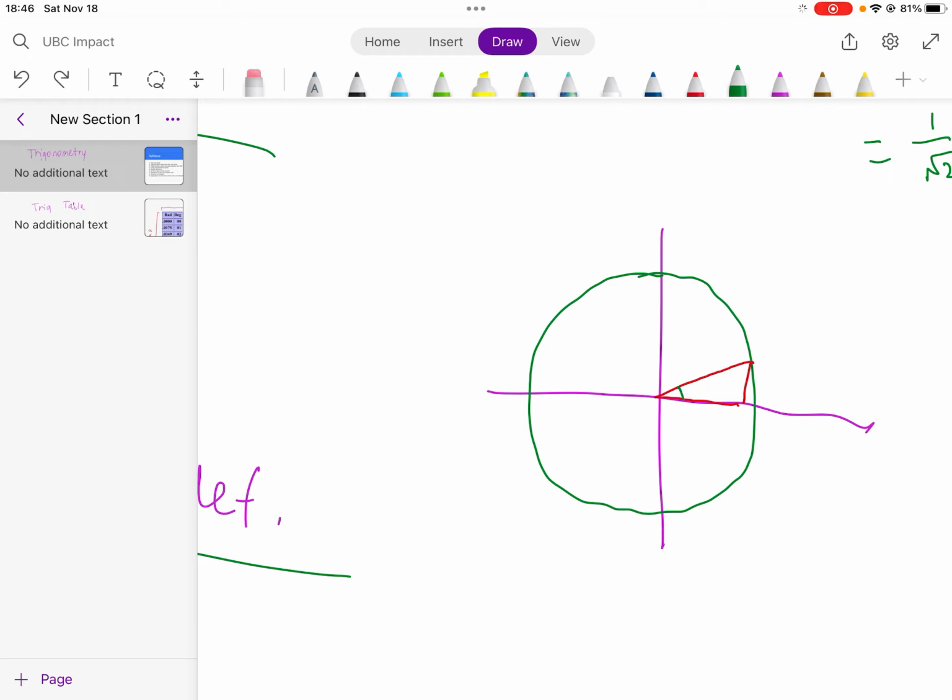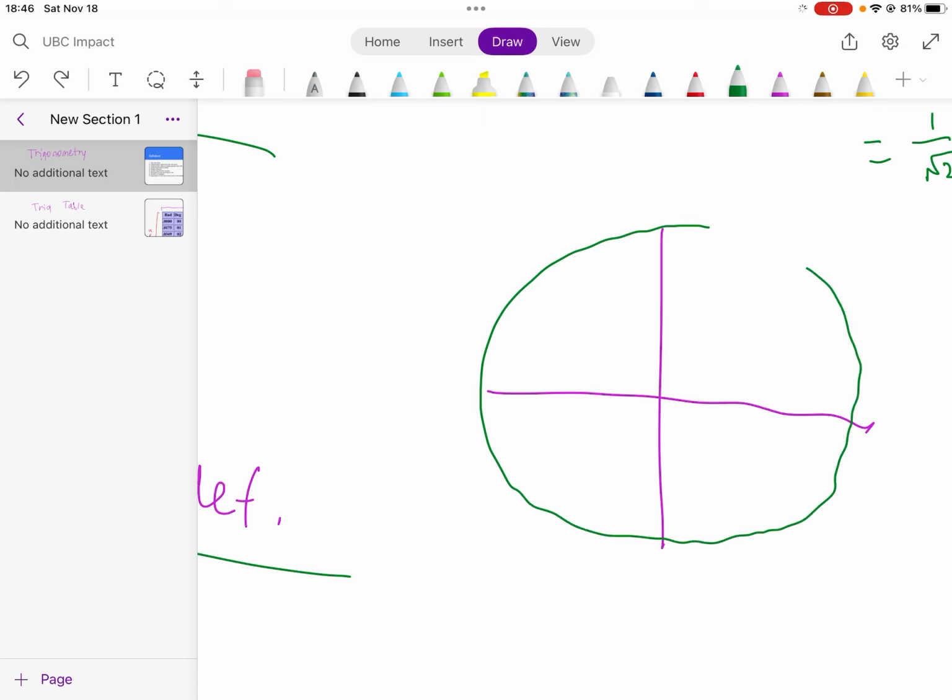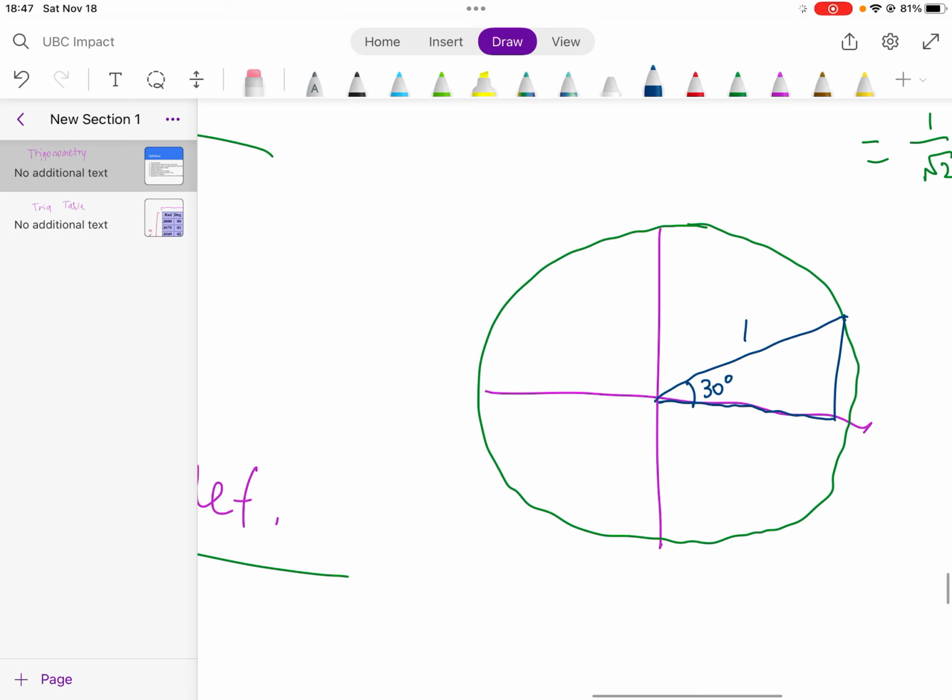Actually, I'm gonna draw it bigger because it's too hard to visualize on here. Draw a huge unit circle. Here's 30 degrees. All right? So here's our triangle. We want to find these lengths again. Well, this one's 1, right?